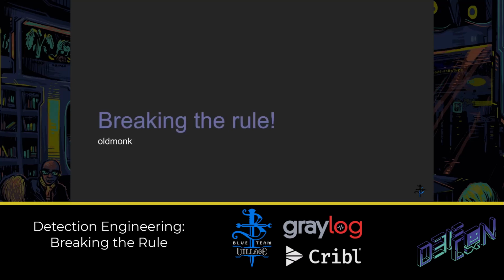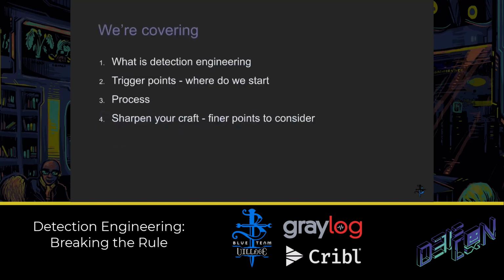This talk, we're going to call it breaking the rule for obvious reasons, is meant to be a 101 track so that anybody who is aspiring to be in this space and specialize in detection engineering, this is a great starting point for that. So let's get started.